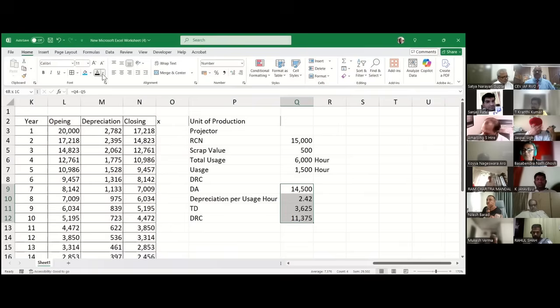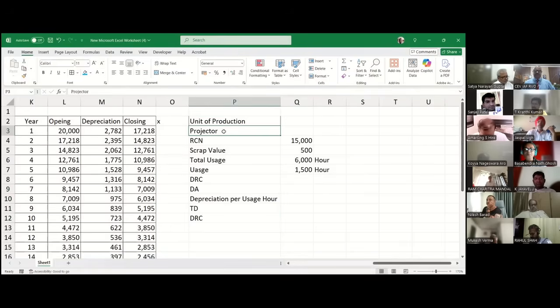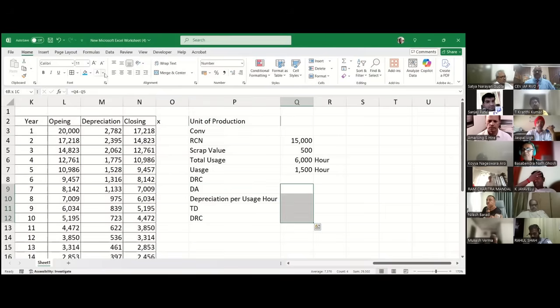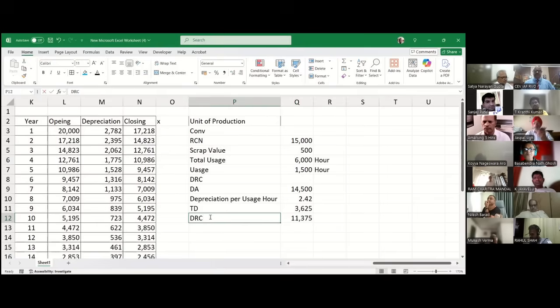कोई डाउट? 10,870 sir. नहीं अभी नहीं मतलब समझ में नहीं आया क्या बोल रहे हैं आप? पिछले वाला जो है ना, हाँ 14,500 minus 3,625, 10,875. हाँ देख लेता अगर कोई एरर है तो। DRC equal to replacement cost minus total depreciation.